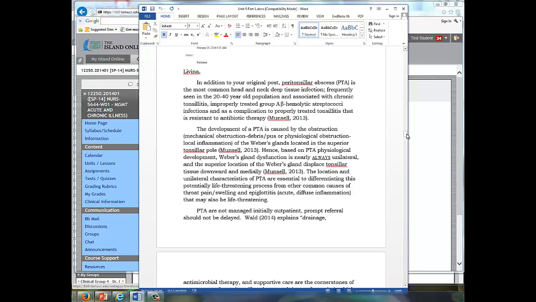Now, if you haven't heard the patient's voice before, I'm not sure that I would recognize it, but it's a hoarse voice. Also, their tonsil is going to be covered in exudate, and maybe their pharynx also, and their uvula can be displaced to the opposite side.